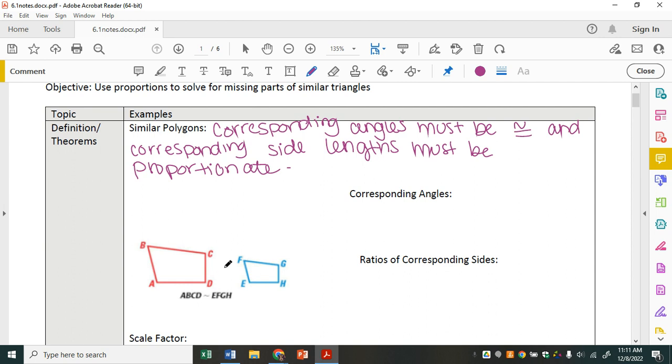Okay. So basically all that means is your angle measurements between the two figures are still going to be congruent to one another, but your side lengths are going to be different.